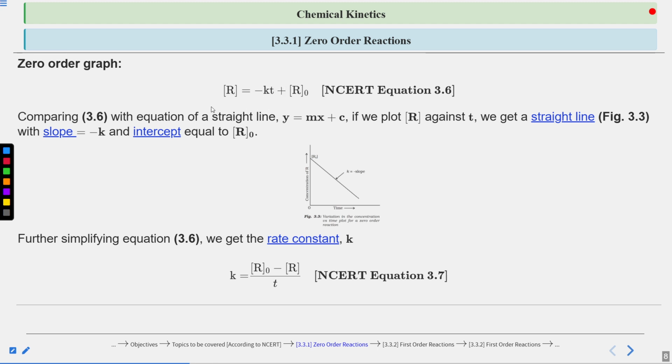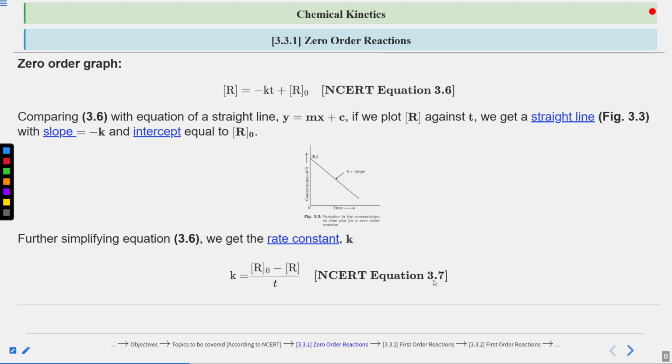Now this minus, if you take it and multiply inside, this will become R naught minus R by t. So from equation 3.6, we get the rate constant value, which is the initial reactant concentration minus the final reactant concentration divided by the time t. This is the NCERT equation marked as 3.7.